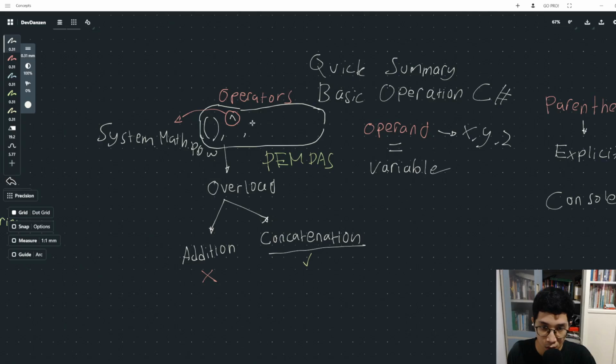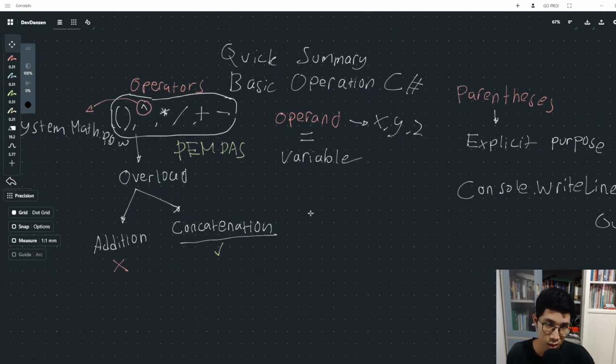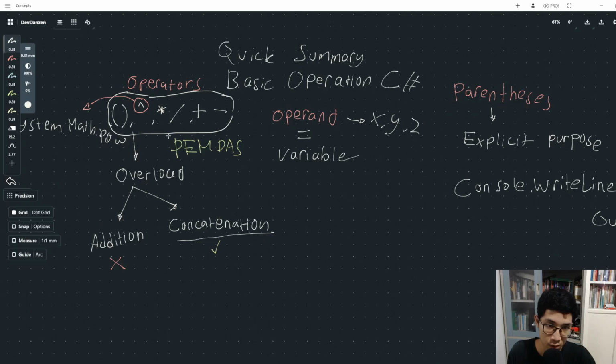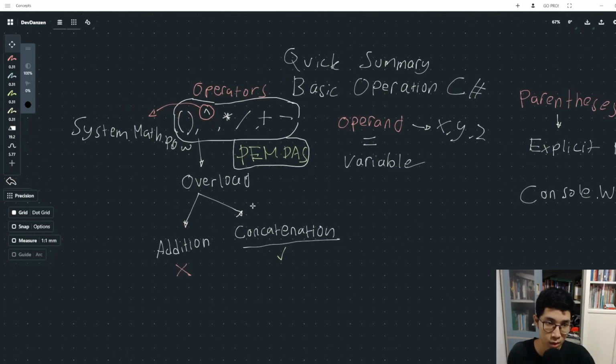And then after that, multiplication and division, plus and minus. That's it. So this is the PEMDAS here. But if you want to do exponent, use this class library.